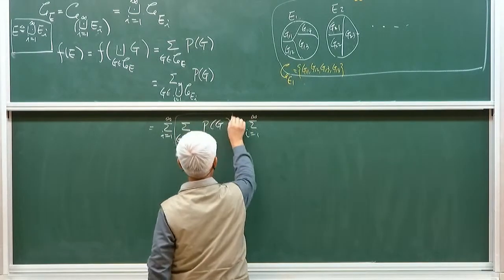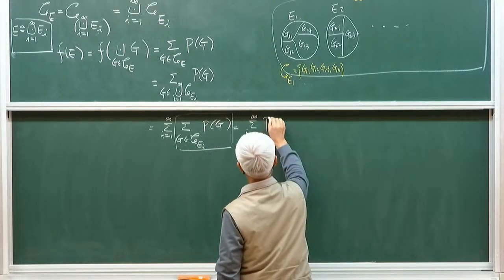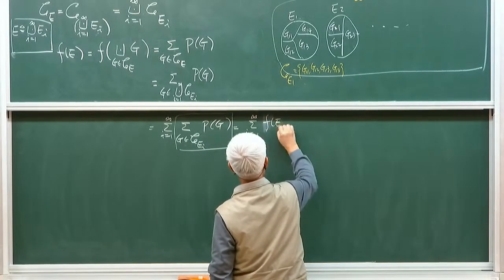But by definition, what is this inner sum? This is just F of E sub I.